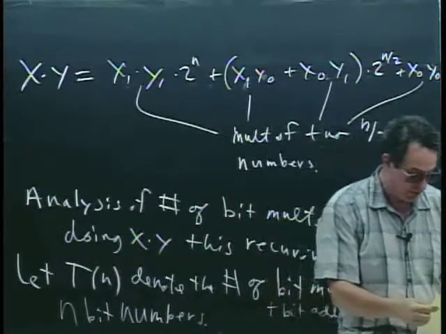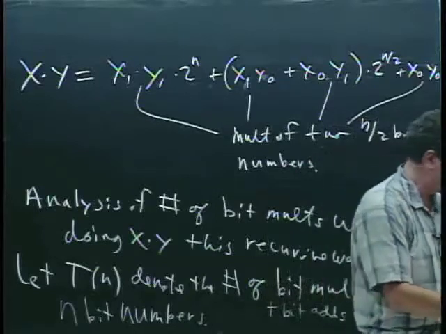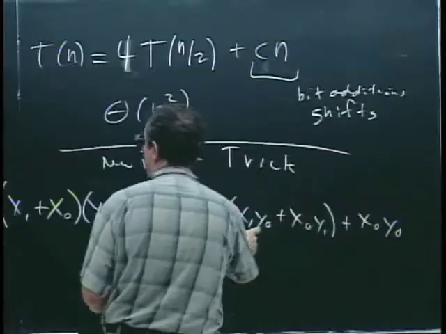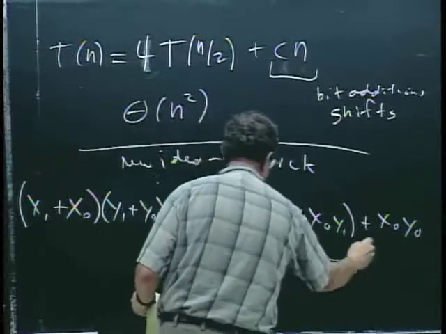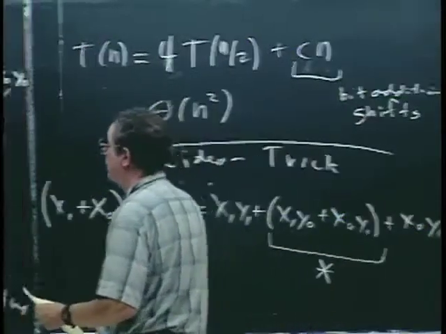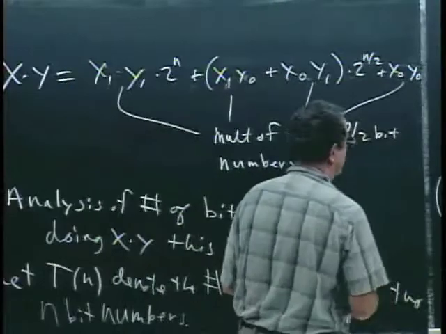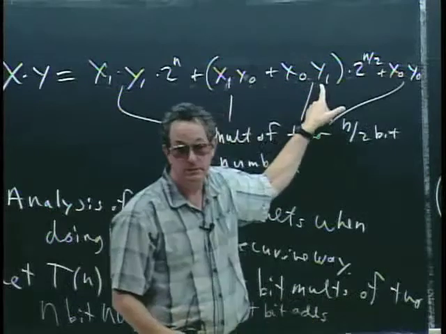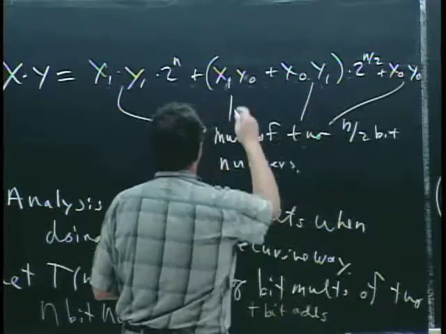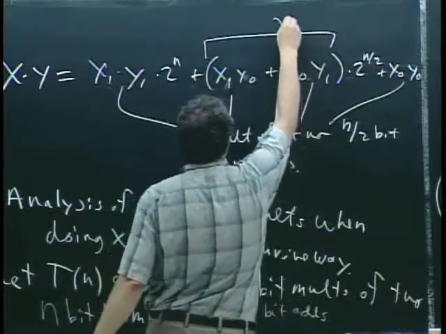Okay. I put this in parentheses because this is the same term, call it star, that's in parentheses over here: x1, y0, x0, y1. That term is what's in parentheses over here.